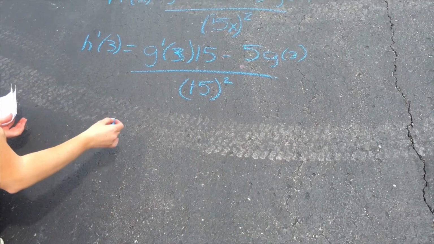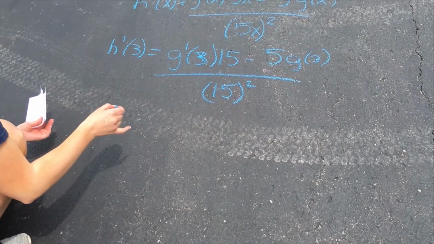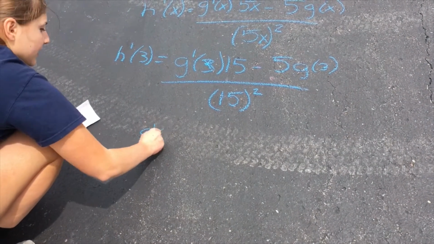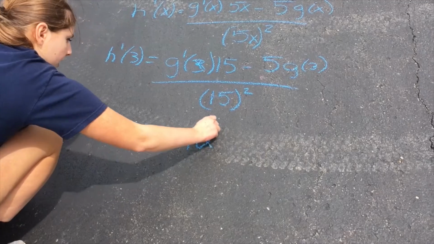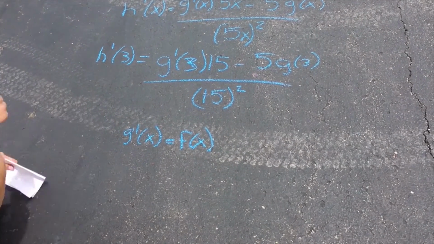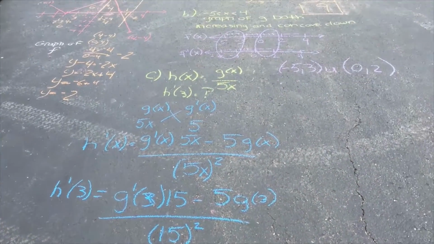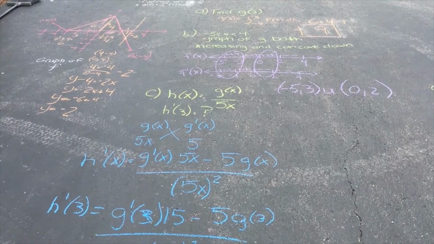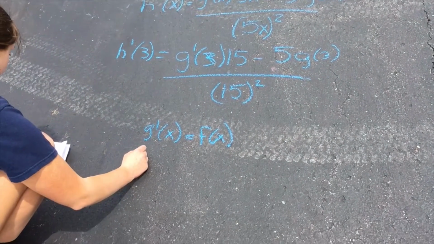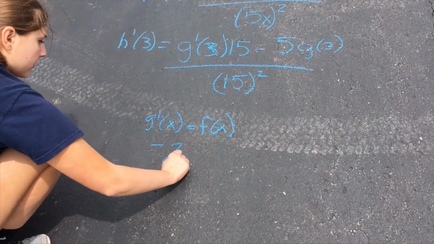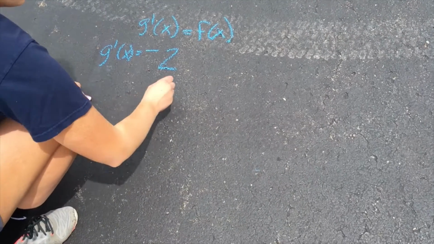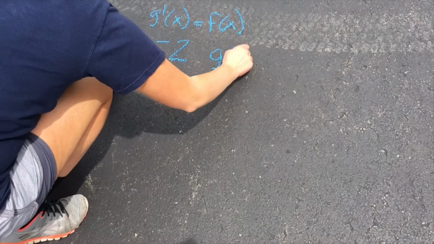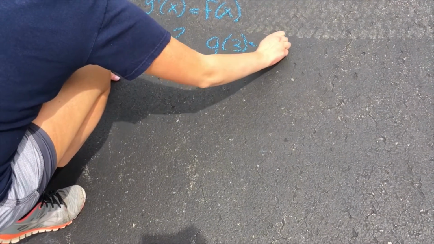Now, we need to solve the values for g of 3 and g prime of 3. G prime of x is also equal to f of x. And f of x plugged in, looking at our graph from what we solved for in part A, we find this value to be equal to -2. And in part A, we already solved for g of 3, which is equal to 9.